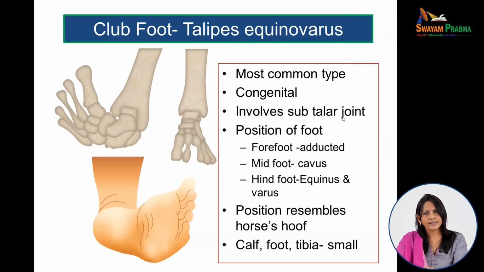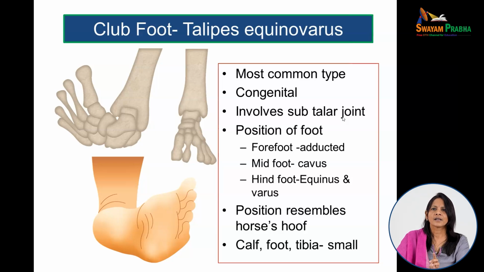The calcaneus, instead of being in its normal position, is slightly shifted, where the head is more towards medially, and the alignment is in such a way that the subtalar joint position is altered.